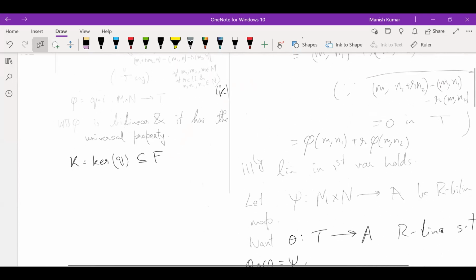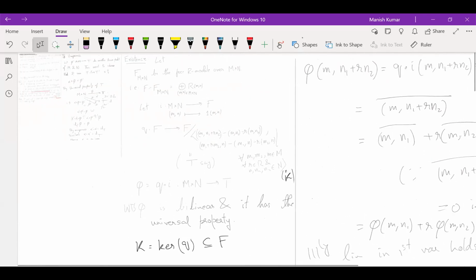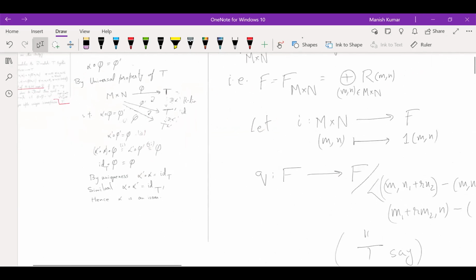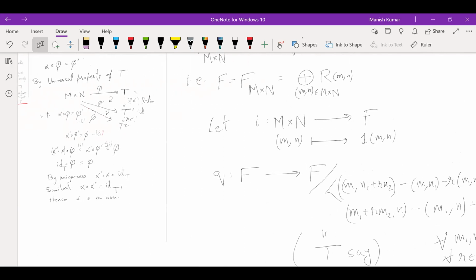The good thing about this is that when people use the tensor product, they don't really use the construction that much. As you can see, it's not artificial, but to construct it, you have to pass to a very big free module over M cross N, and you have to quotient out by a very big module.